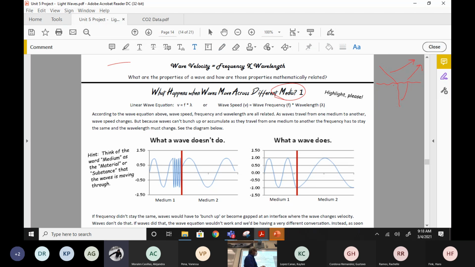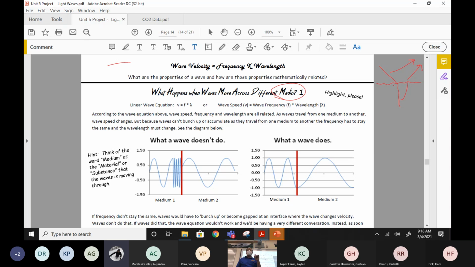Does that make sense? When the light moved from the water medium to the air medium, it got bent because the waves travel a little differently through those materials. Right? And it gives us this optical illusion that looks like the stick is bent when it's not. Does that make sense? So that's kind of what we're talking about here.